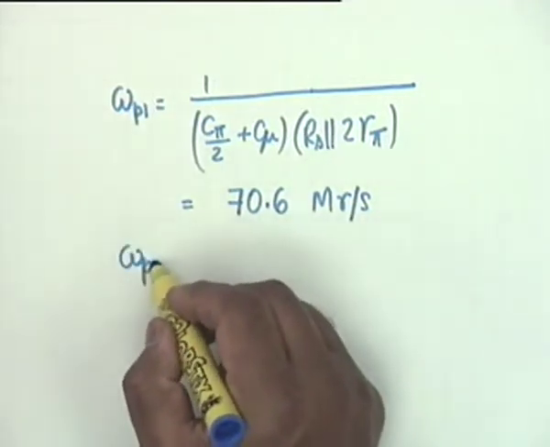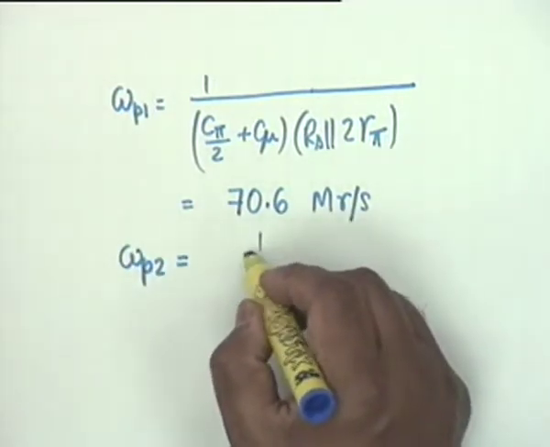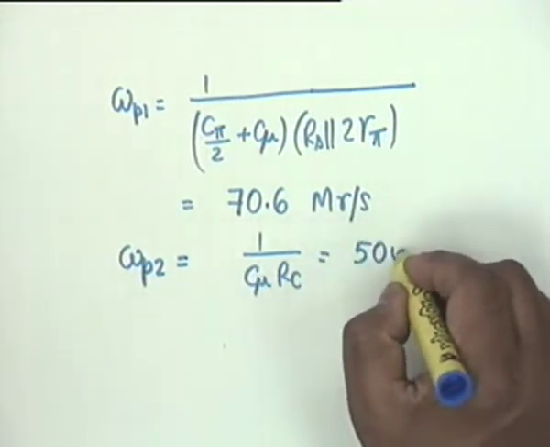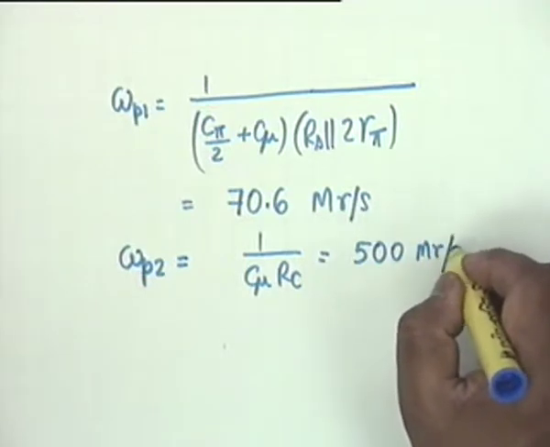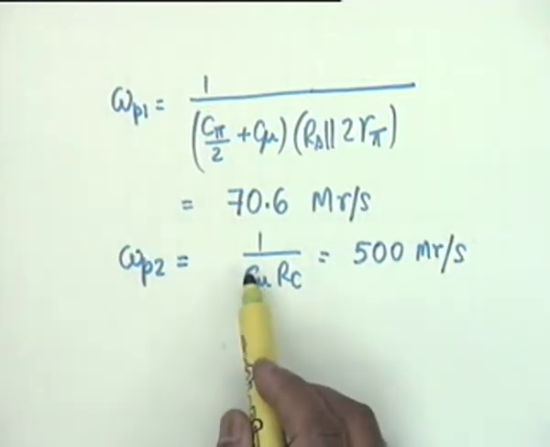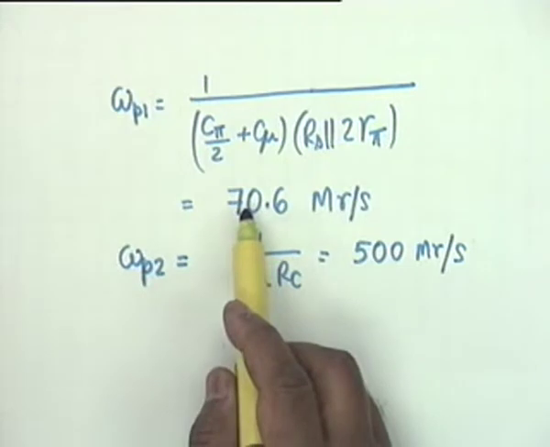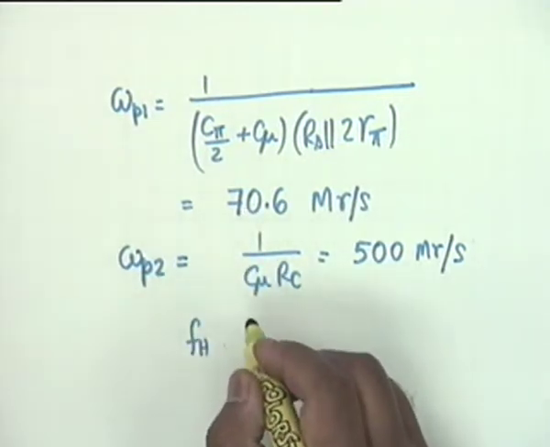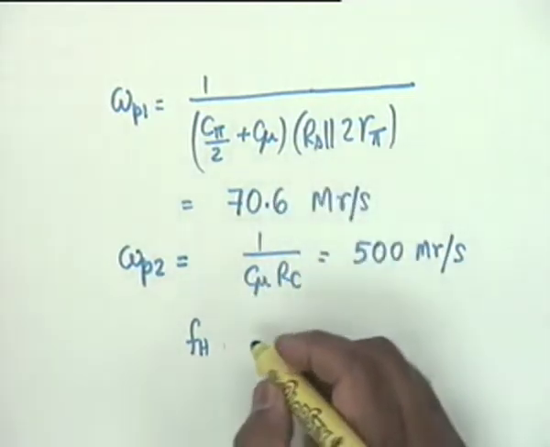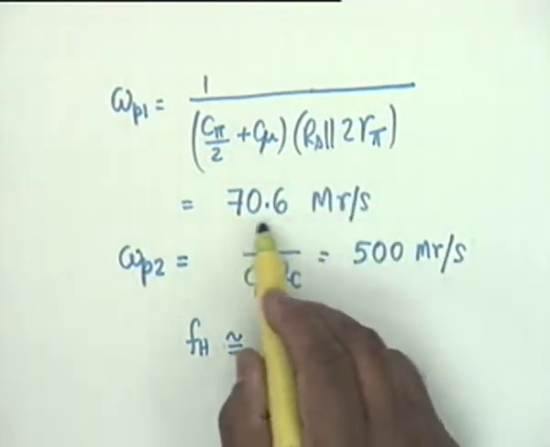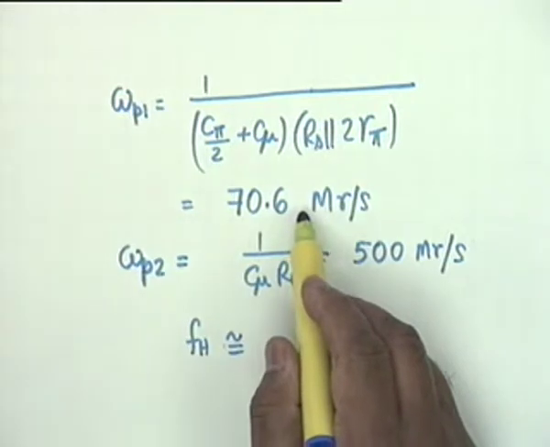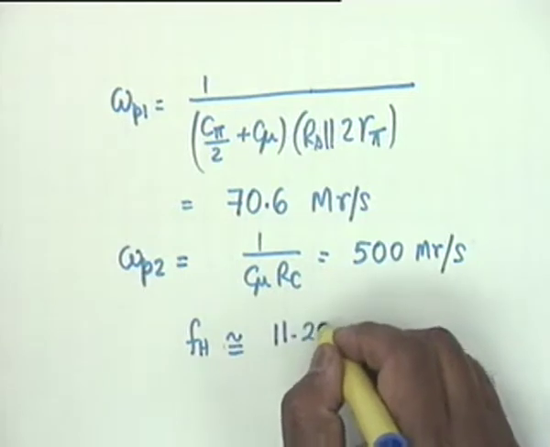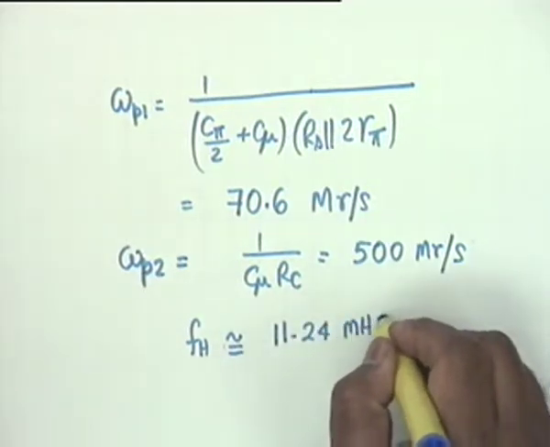On the other hand, omega p2 is 1 by C mu R sub C, and this calculates as 500 megaradians per second. So omega p2 is more than 7 times omega p1, and therefore FH would be controlled basically by omega p1, and it should be approximately this divided by 2 pi, and this comes out as 11.24 megahertz.